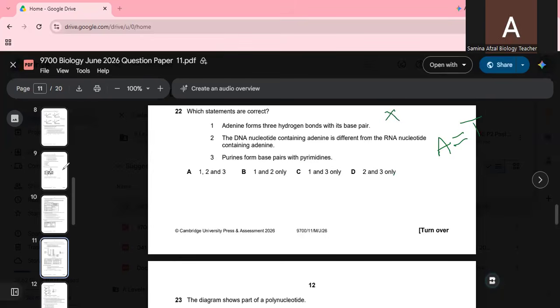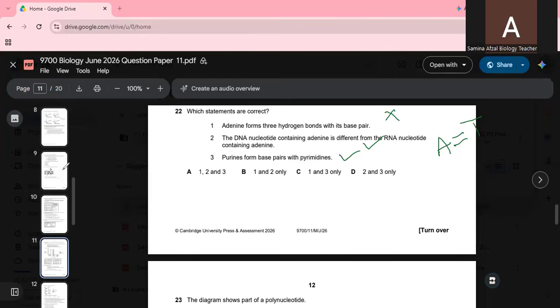The DNA nucleotide containing adenine is different from the RNA nucleotide containing adenine. The DNA adenine nucleotide contains deoxyribose sugar, whereas the RNA adenine nucleotide contains ribose sugar. So this statement is correct. Purines form base pairs with pyrimidines. This statement is also correct.